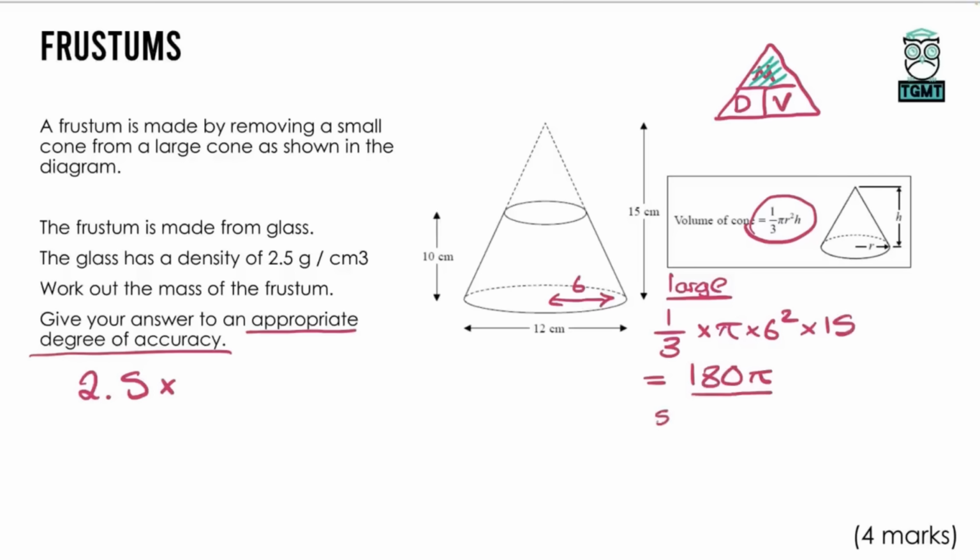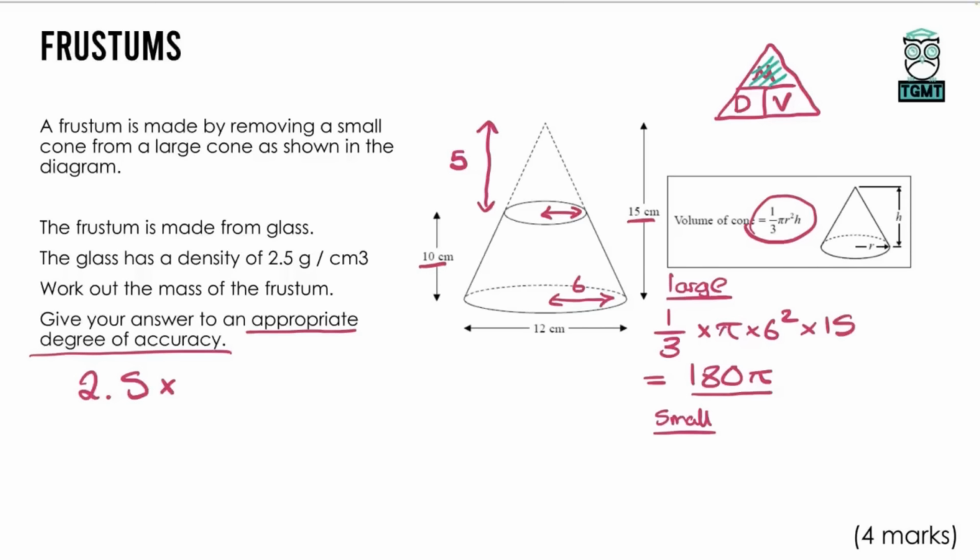I'm now going to look at the small cone, the one that's been chopped off the top. But the small cone does take a little bit more thought process. Now we can see the total was 15 and this little height is 10. So the height of the little cone is relatively nice to find. That's got a height of 5. Now finding the radius of that cone, we need to think about what proportion of the large cone has actually been taken off there.